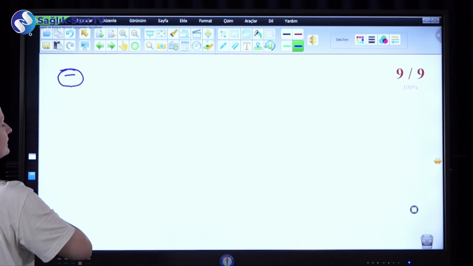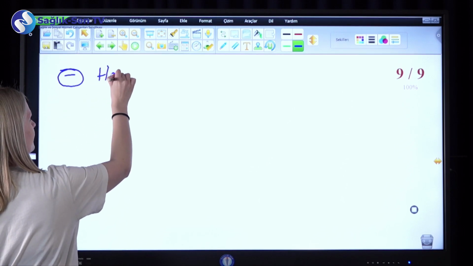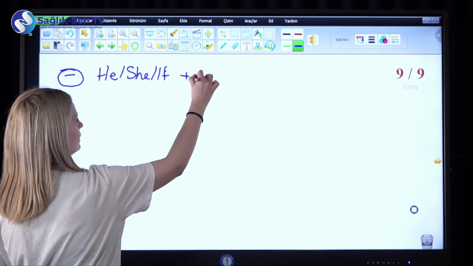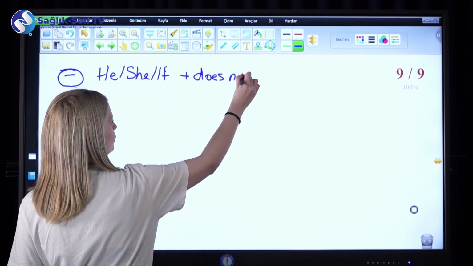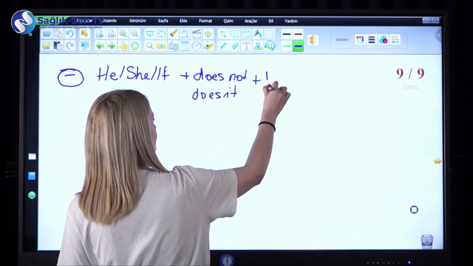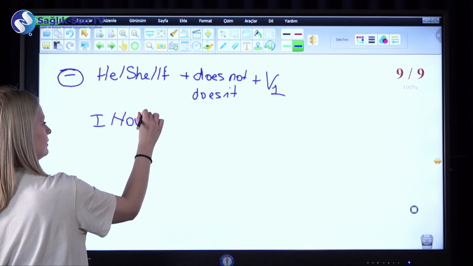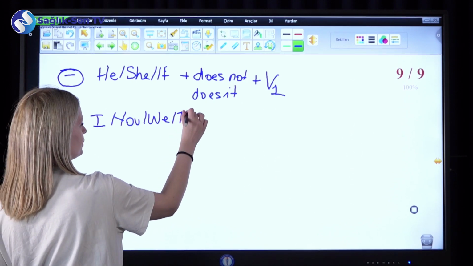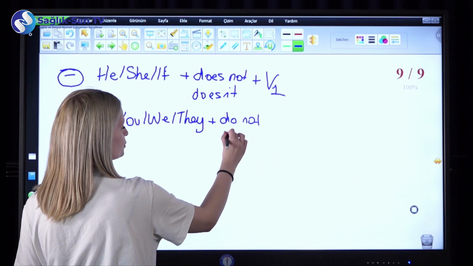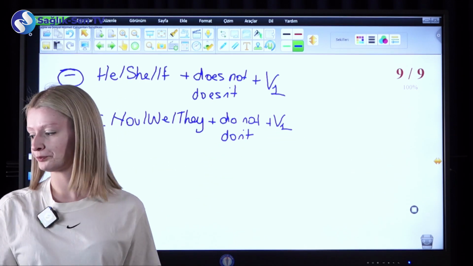Let's have a look at the negative form of present simple. With he, she, it subject pronouns, we use does not, which we can shorten as doesn't, verb 1. With I, we, they, you pronouns, subject pronouns, we use do not, which we can shorten as don't, and verb 1.